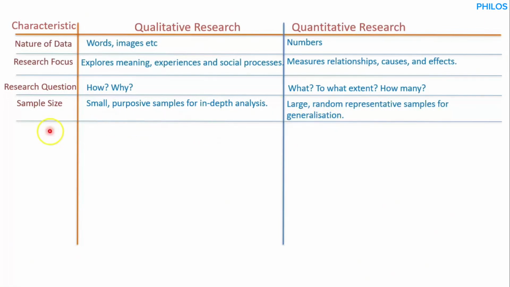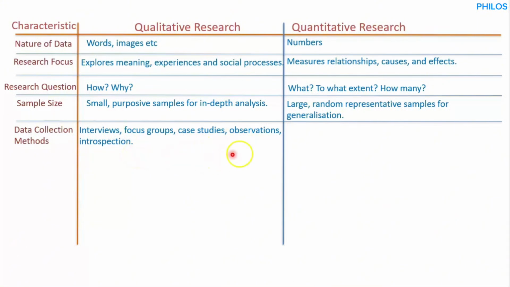Okay. Then based on the data collection method, qualitative research collects data by interviewing people using focus group, case studies, observation, introspection, you get it, and many more. But quantitative research uses surveys, experiments, structured questionnaire, laboratory observations, or observations that record numbers.